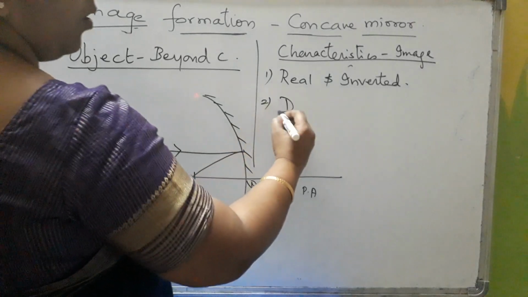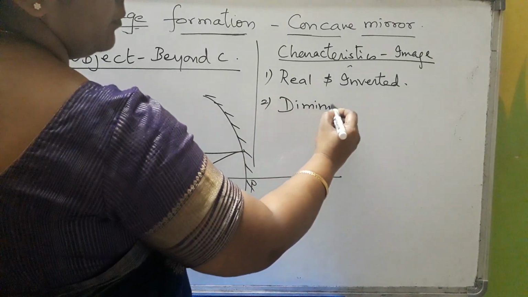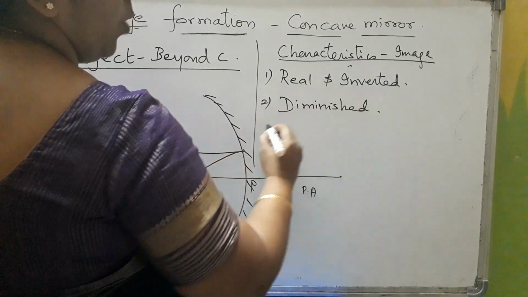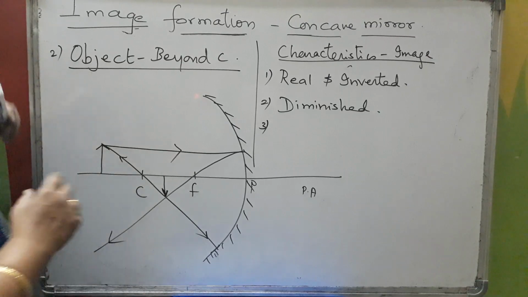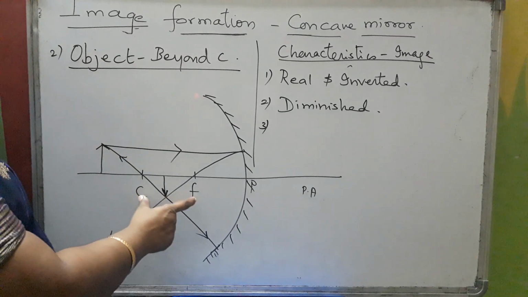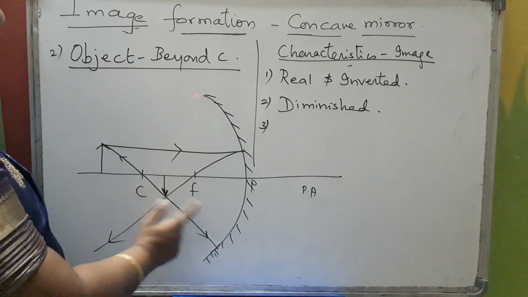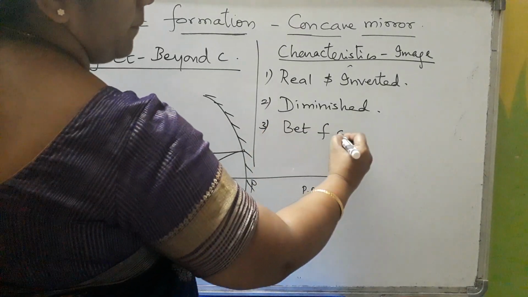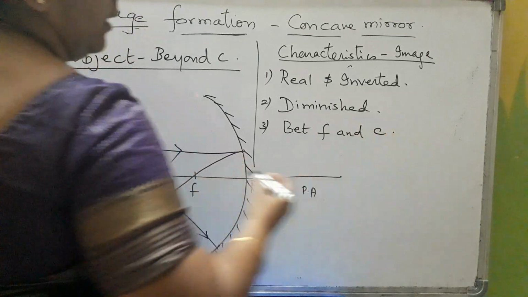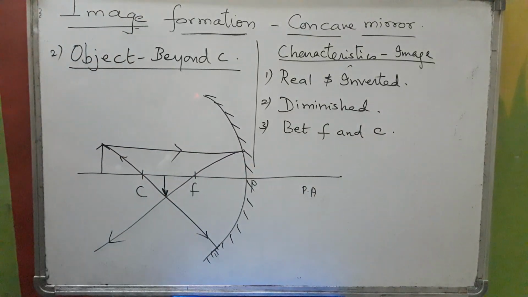If it is small, you use the word diminished. If the image is bigger in size, you can use the word enlarged image. Now, where is the position of the image? The image is formed between F and C, right? Between F and C. I hope you understand.